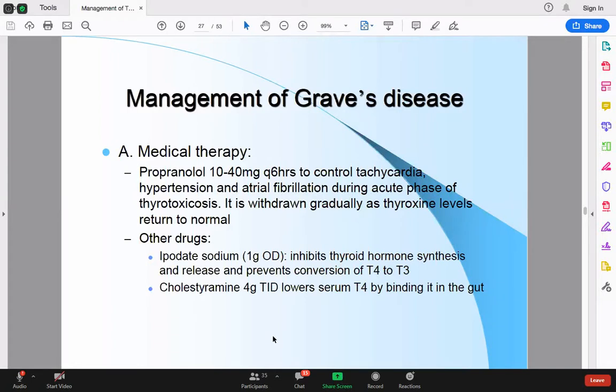And then once the dust settles, once the disease has been controlled, you can withdraw the beta blocker. Other medications are very rarely used, cholestyramine as well as iodate sodium, very seldom used in the clinical setting.